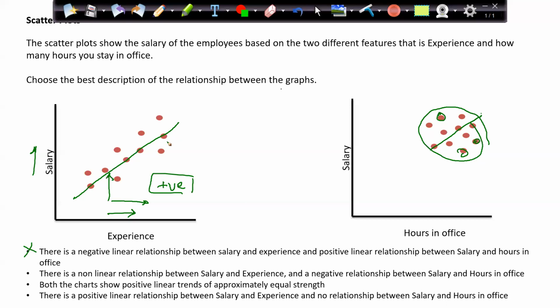There is a linear relationship, I see that, so this is also wrong. Both the charts show positive linear trends of approximately equal strength. No, there is no relation between salary and the hours in office, so this is also wrong. There is a positive linear relationship between salary and experience and no relationship between salary and hours in office. And this is my correct answer.